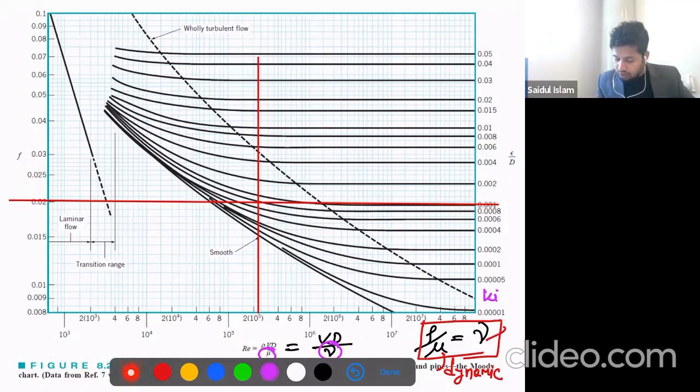Let's say this is our value. We will get a corresponding friction factor value, and then we'll do some trial and error calculations and see whether our assumption and the realistic value are close enough or not. This is some sort of validation, and it will take a lot of our time. But we need to understand this, because you need to do it in real life. When you work in industry, you will see you need to do these sorts of things.